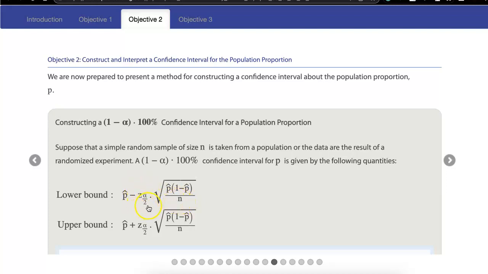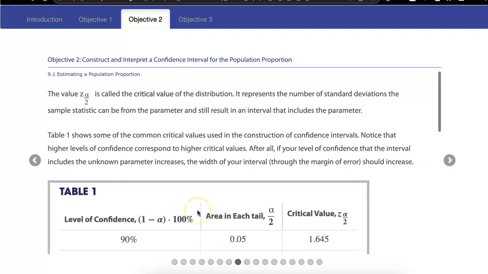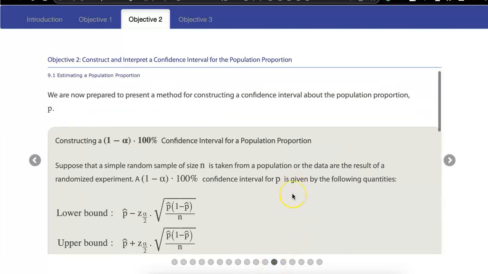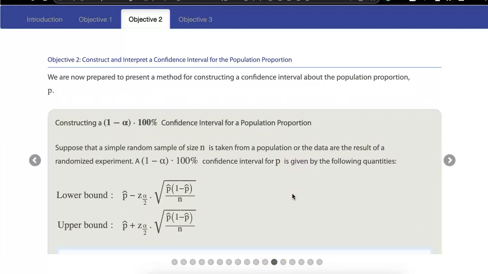However, I also need to get this critical value, and if I come back a few pages, here are the critical values for different levels of confidence. And so for the 95% confidence, we're going to use a critical value of 1.96. That's a lot to remember, but I'm going to show you also some other methods as well in your calculator.